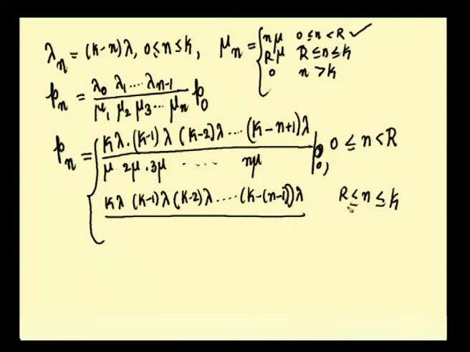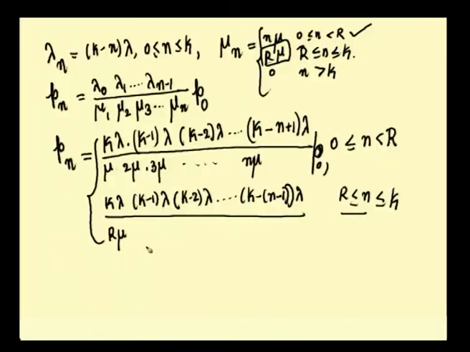So, the first term itself here starts with n equal to r. When you put n equal to r, what is the rate, how is it defined here in this second case? It is r into mu. So, the first term would be r into mu, and any n greater than r is similar to how we wrote for the multi-server model M/M/C.